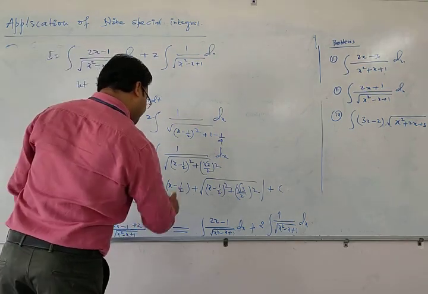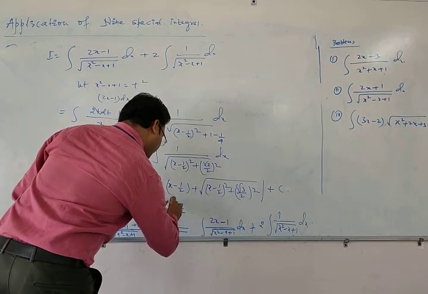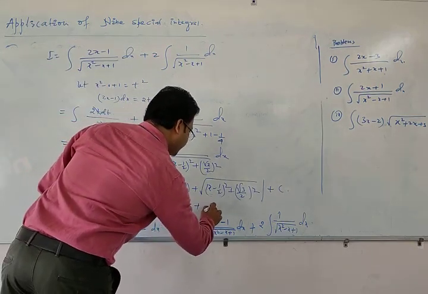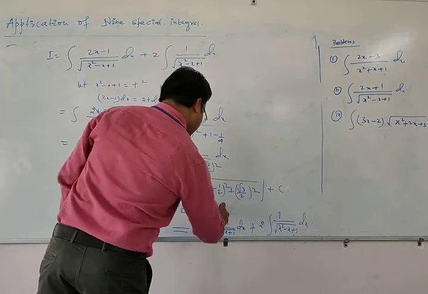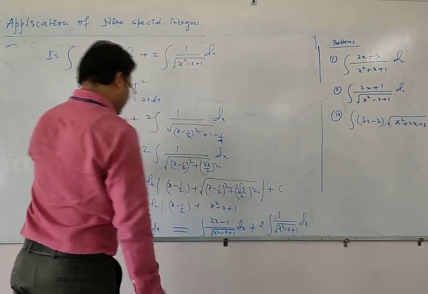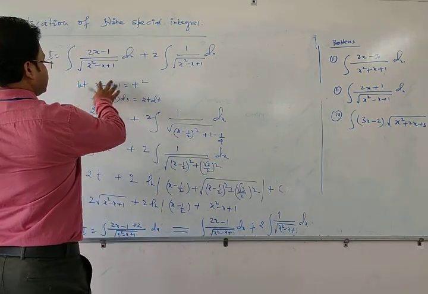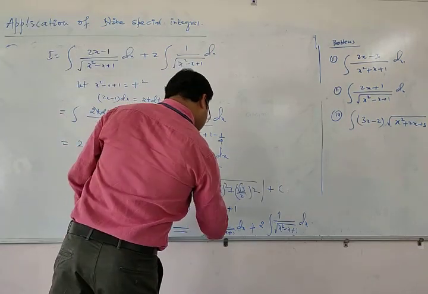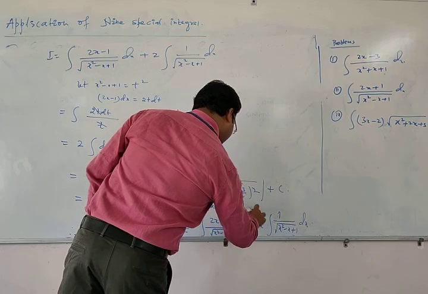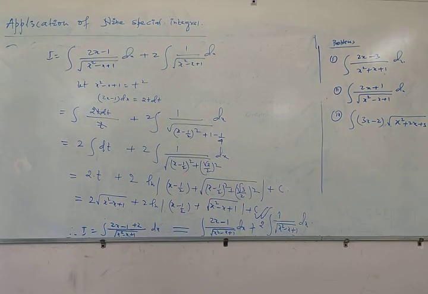Here you can write x minus half plus the square root of x square minus x plus 1, because we already know that this is equal to the square root of this, plus the constant term c. This is the final answer.